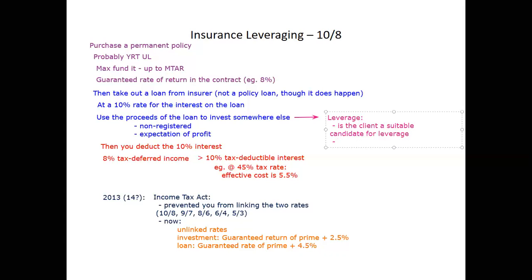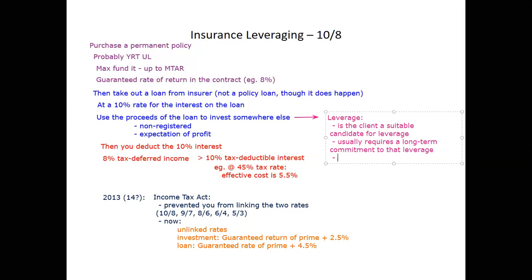The problem here is that generally to make this work, you have to have a real long-term commitment to that leverage. That is, you have to keep borrowing to invest in order to squeeze the most out of your 10-8. Okay?